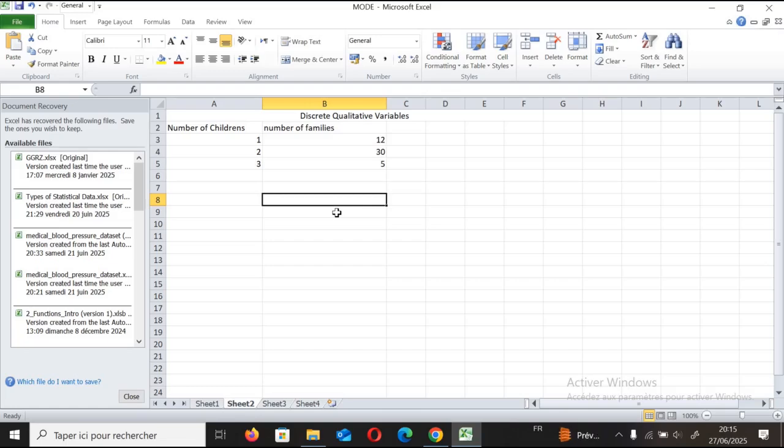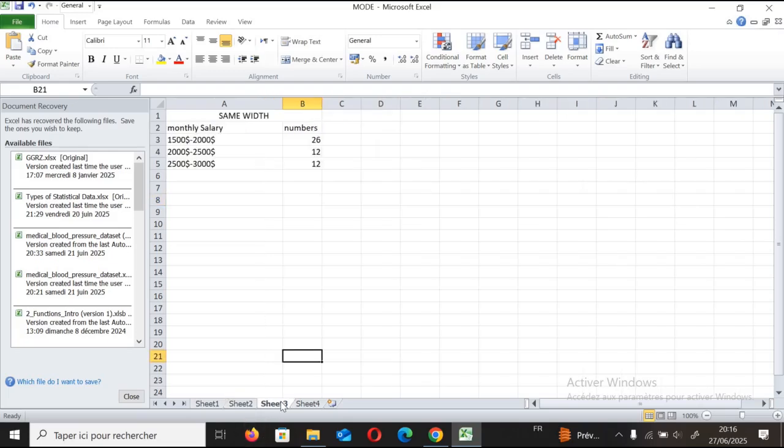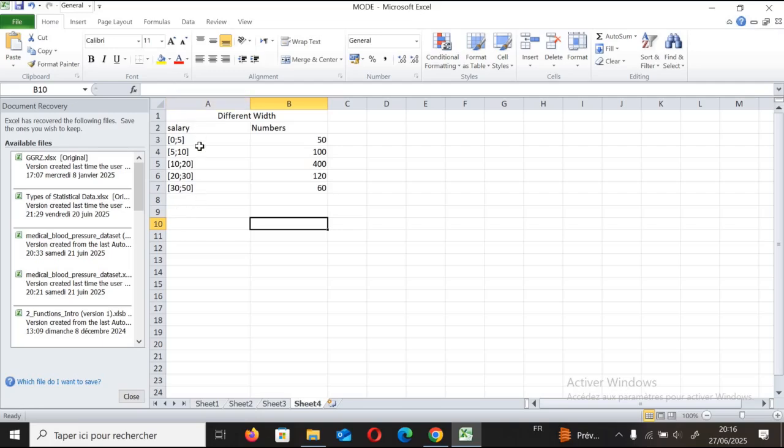Okay. When we have the case of quantitative variables, we have two categories. For example, here we took the monthly salary. They have the same width of $500, and then the different width, for example, 5, here we have 10 in the width, 10 and 20.